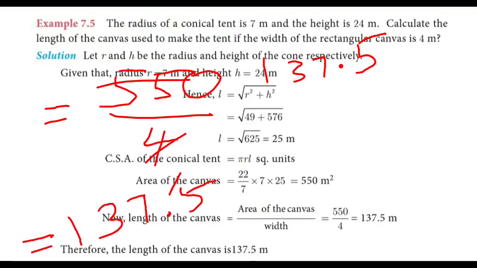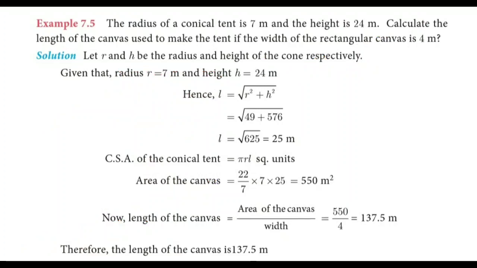Then 1 4 is 4, remainder 1. 15, 3 4s are 12, remainder 3. 30, 7 4s are 28, remainder 2. Then point, then 20, 5 4s are 20. Then 137.5 meter. Therefore the length of the canvas is 137.5 meter.